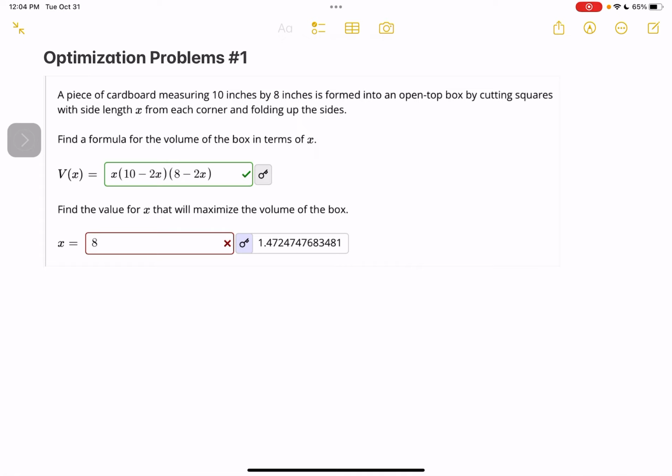A piece of cardboard measuring 10 inches by 8 inches is formed into an open top box by cutting squares with side lengths x from each corner and folding up the sides. So essentially we have this kind of a shape, and it's not drawn to scale.